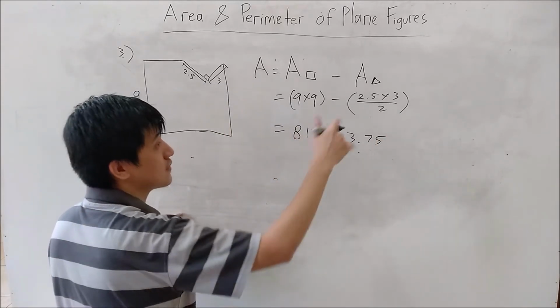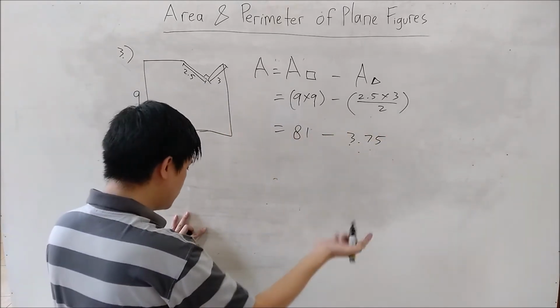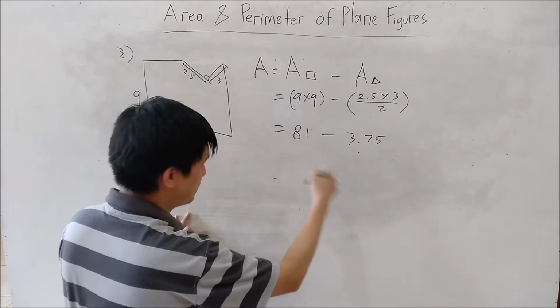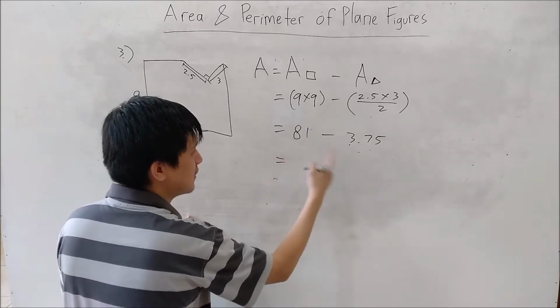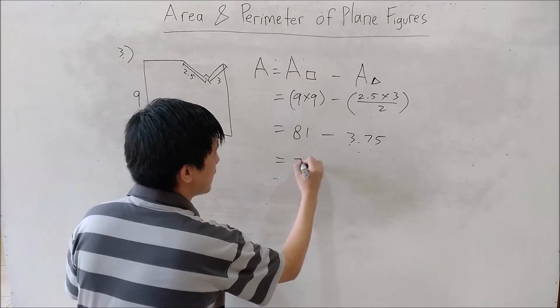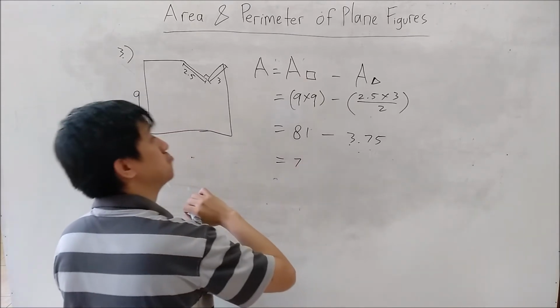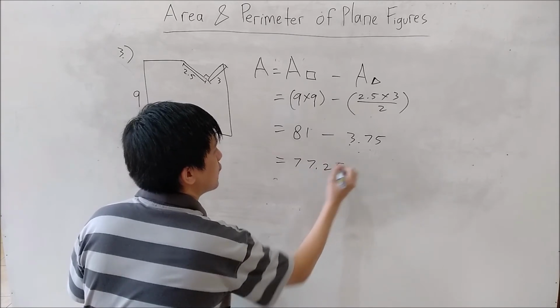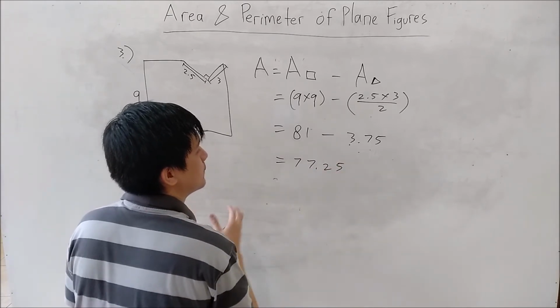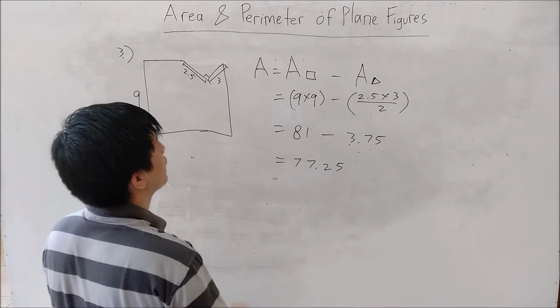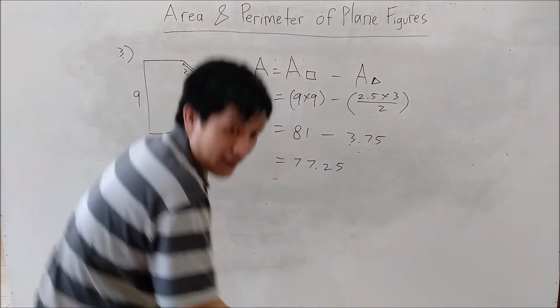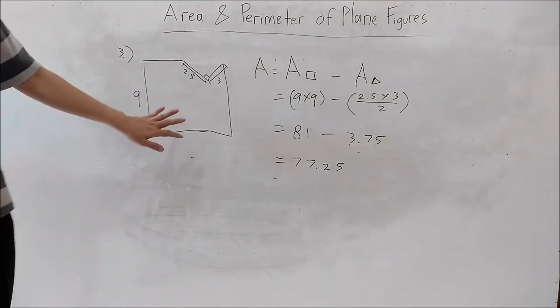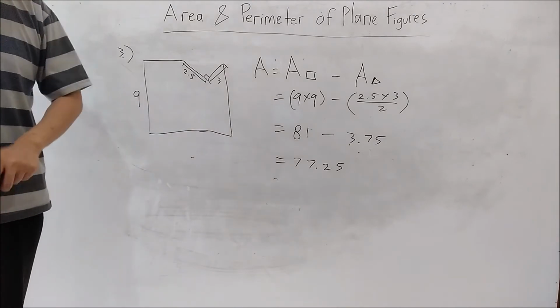Am I correct? 7.5. Yes, 3.75. So when you minus it, it will be 77.25. 77.25 for the area of the figure. That's how you do number 3.